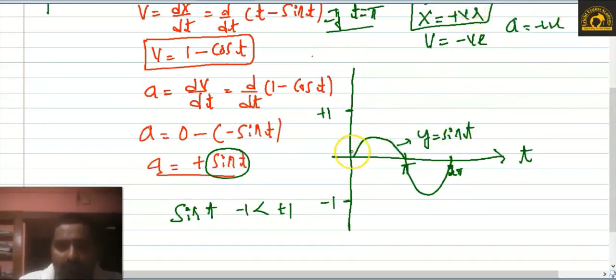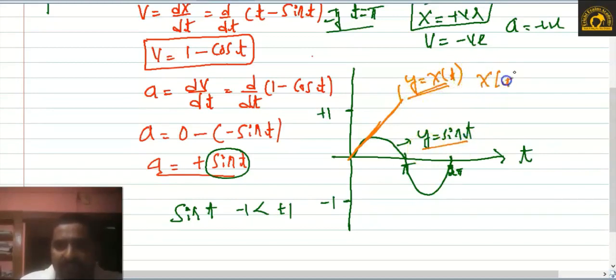Then we have to draw the tangent for this one. This gives y is equal to x. Look at the graph, sine t and x(t): which is greater?